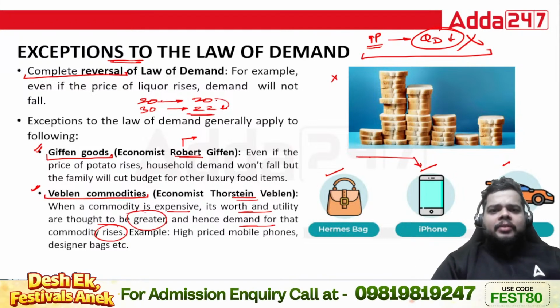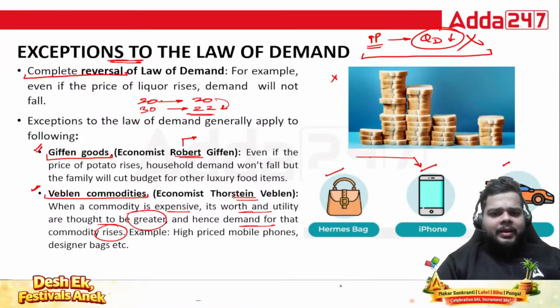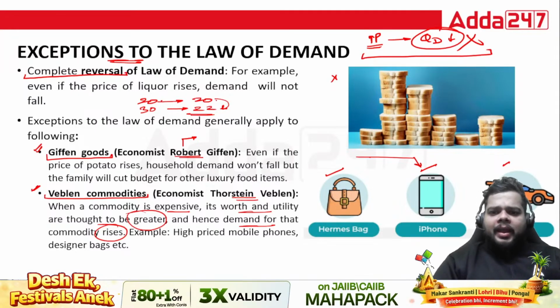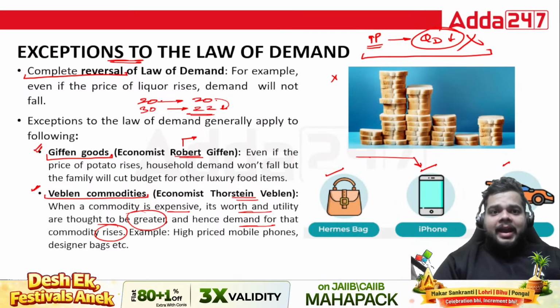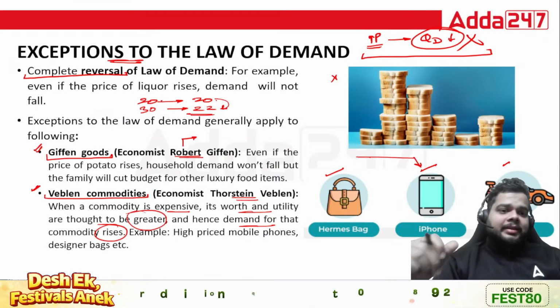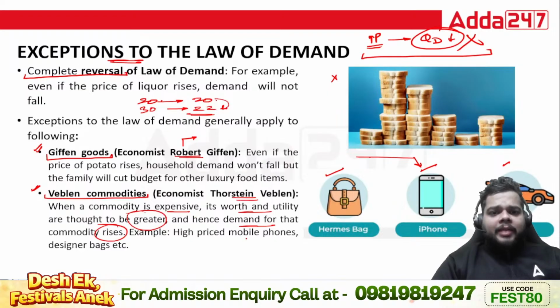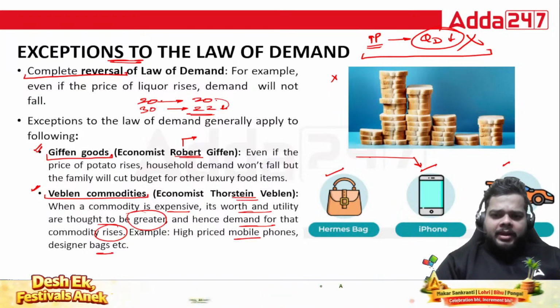They are trying to have a particular social status, and ultimately the sale of Apple products is on the rise in our country. So not only with the higher prices was demand intact, it has in turn increased because of the social status. Okay, so high price mobile phones, designer bags, all these are the examples of Veblen commodities.